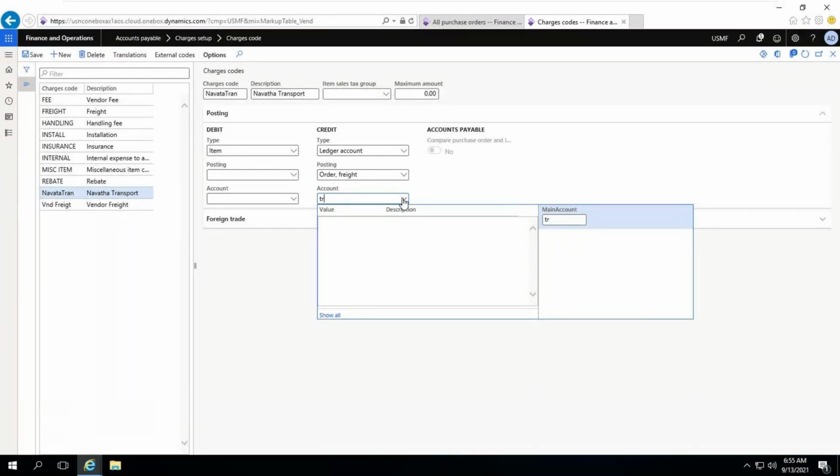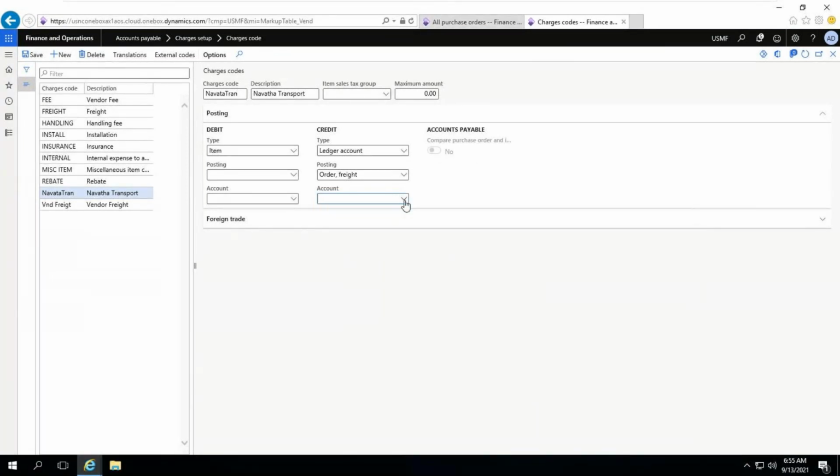Otherwise, let me create one ledger account quickly. Navata Transport. Give me a second, it is loading.